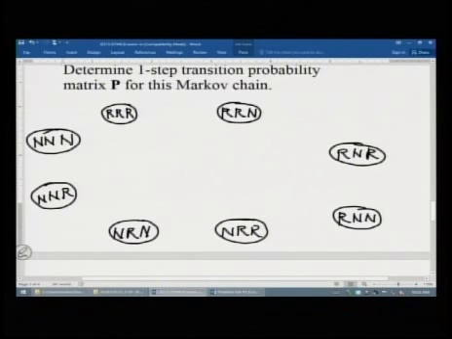So starting from this state, we had rain for 3 consecutive days. What transitions occur? Of course, we're going to have this transition, right? What is this? 0.8, right?